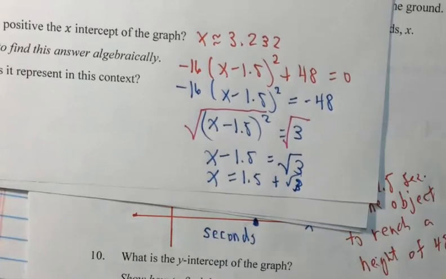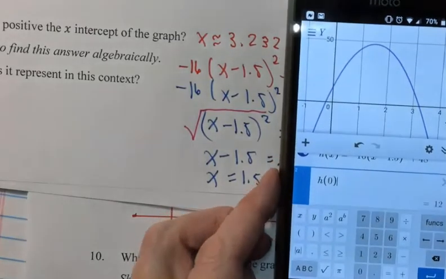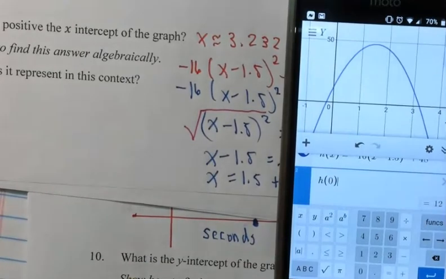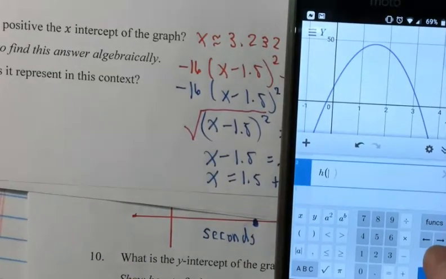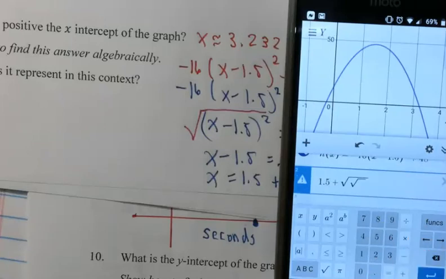All right, now that answer doesn't look anything like 3.232, but that's because it's got that square root in there. So what we will do is use our calculator, and you can go to the next row, or you can just delete what you got and type this in. I'm going to type 1.5 plus square root, and there's a button for that, of 3.